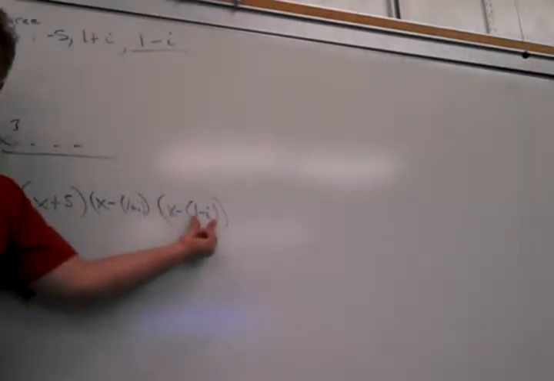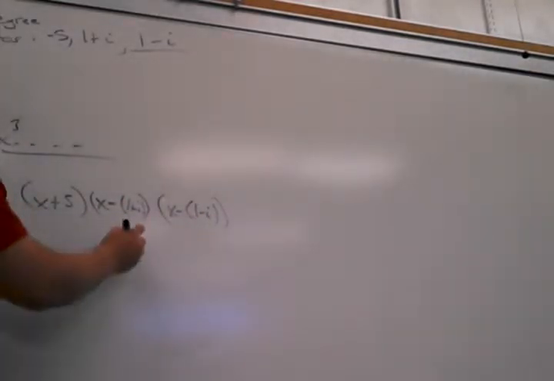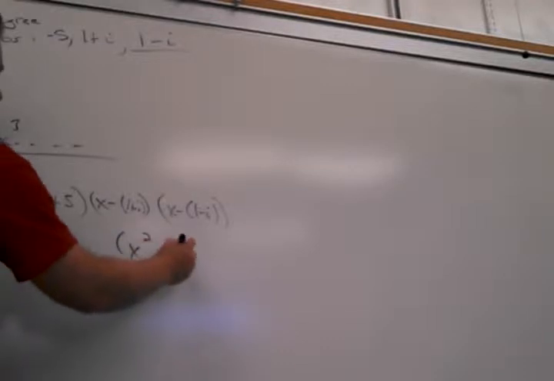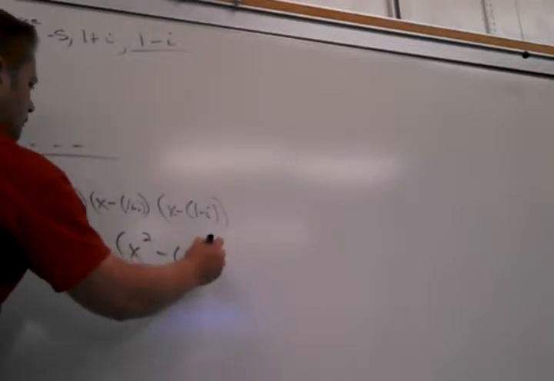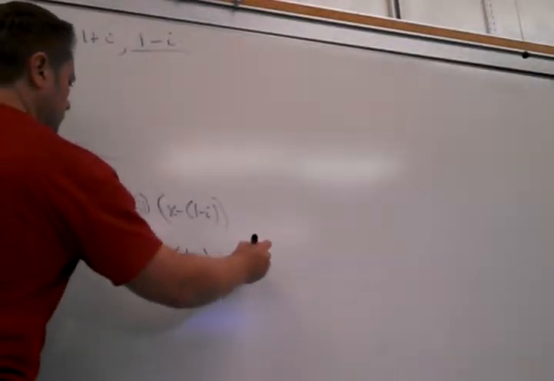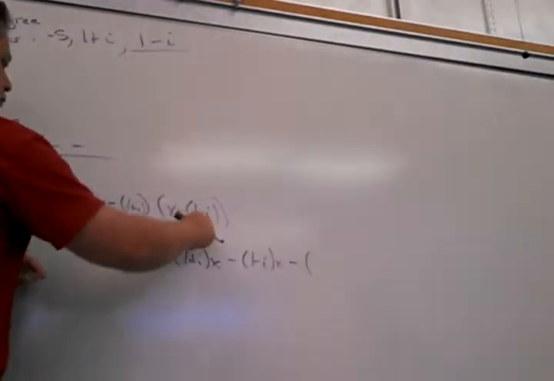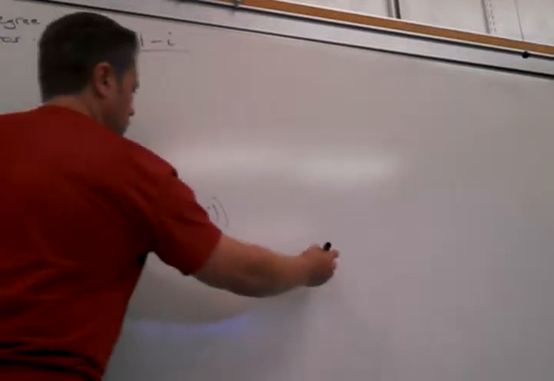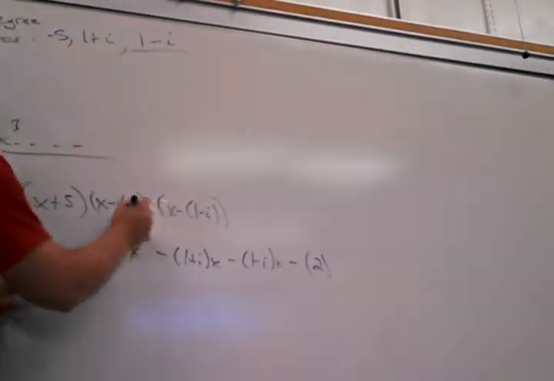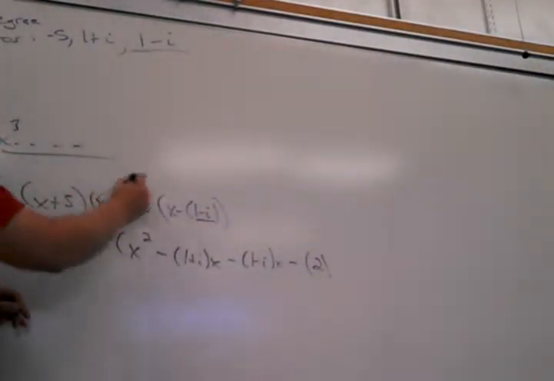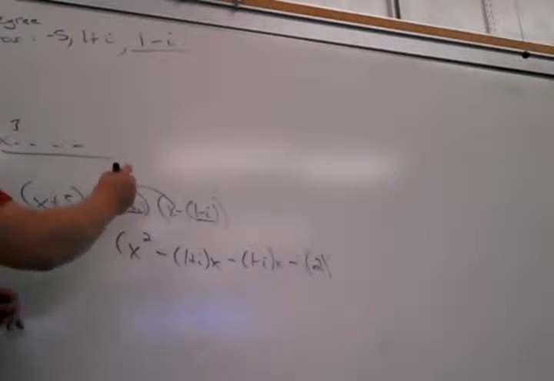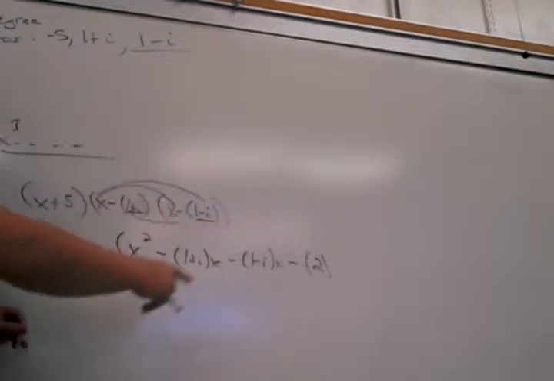This is a difference of squares, right? This would be x squared minus 1 plus ix, minus 1 minus ix, minus 1 minus i squared, which is 1 plus 1, which is 2. Let me do that again. This times this. I'm just foiling this thing out, just slapping these things together without even thinking about it.